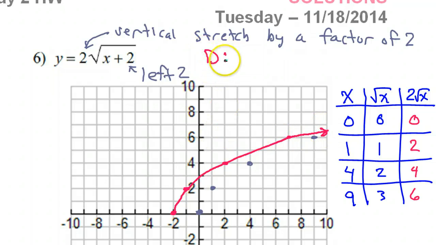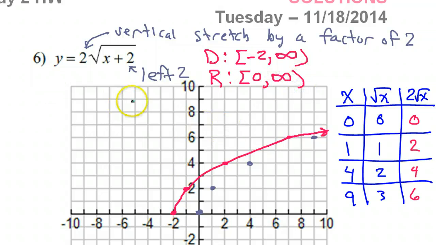Alright, and now I can talk about the domain. The x values go from -2 to infinity. And the range, the y values go from 0 to infinity. So that's the answer to number 6.